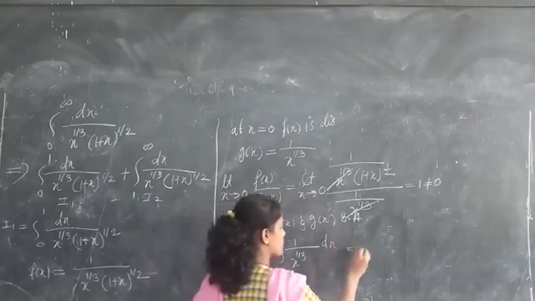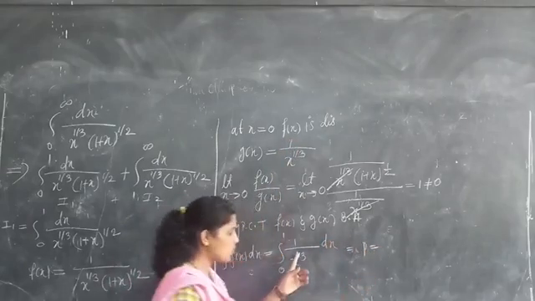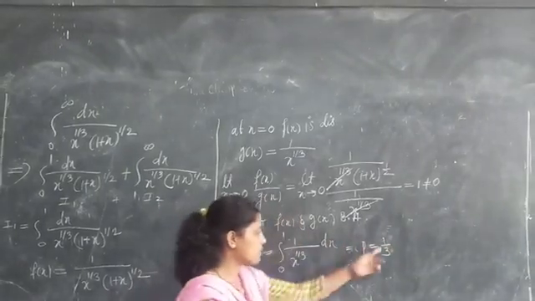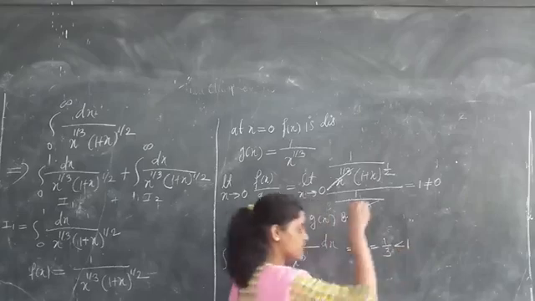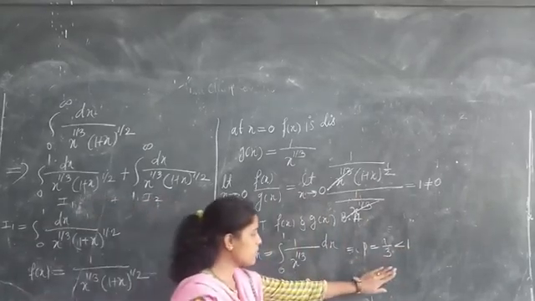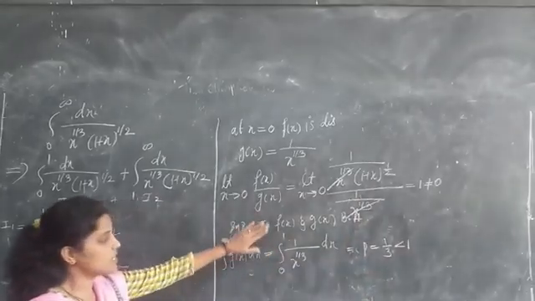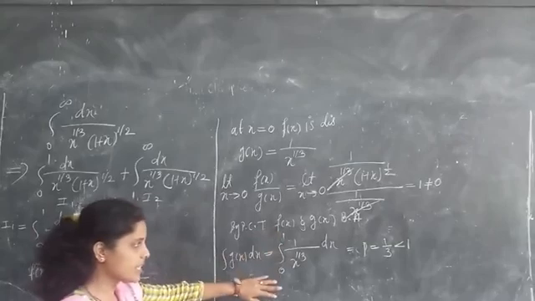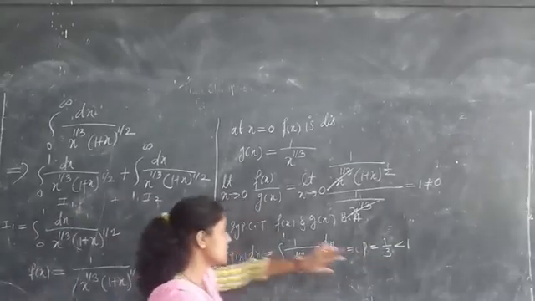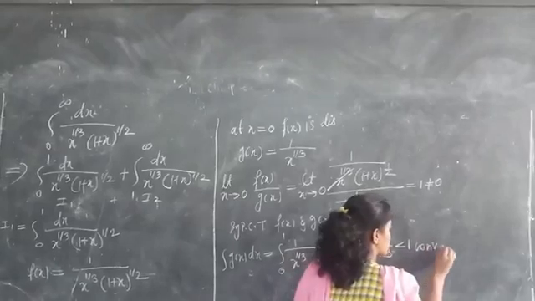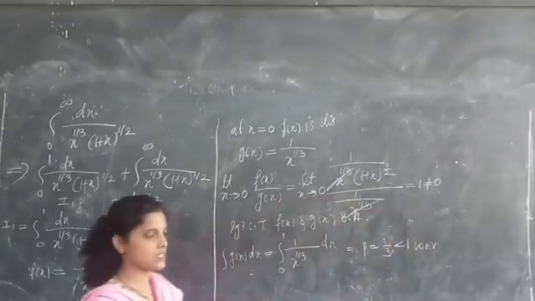What will be the p here? p is 1/3, which is less than 1. This is an improper integral of the second kind, and in the second kind, if p is less than 1, then the given integral is convergent.